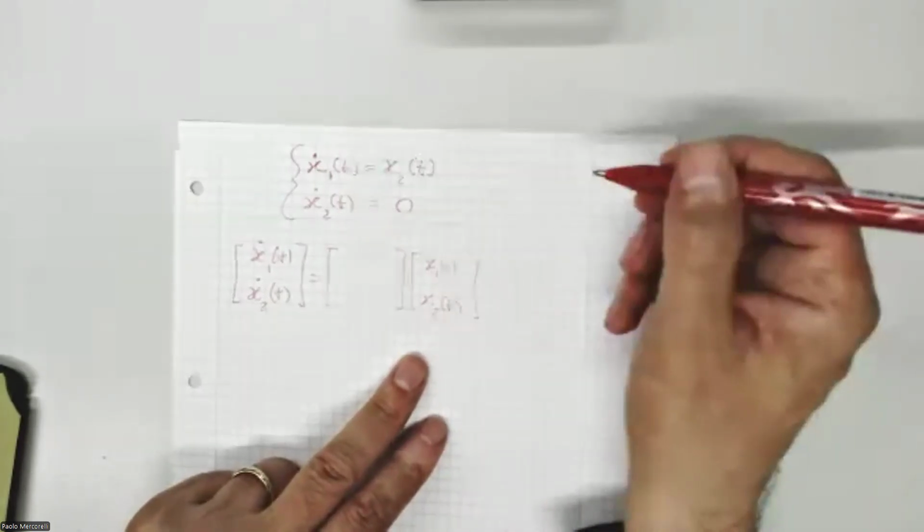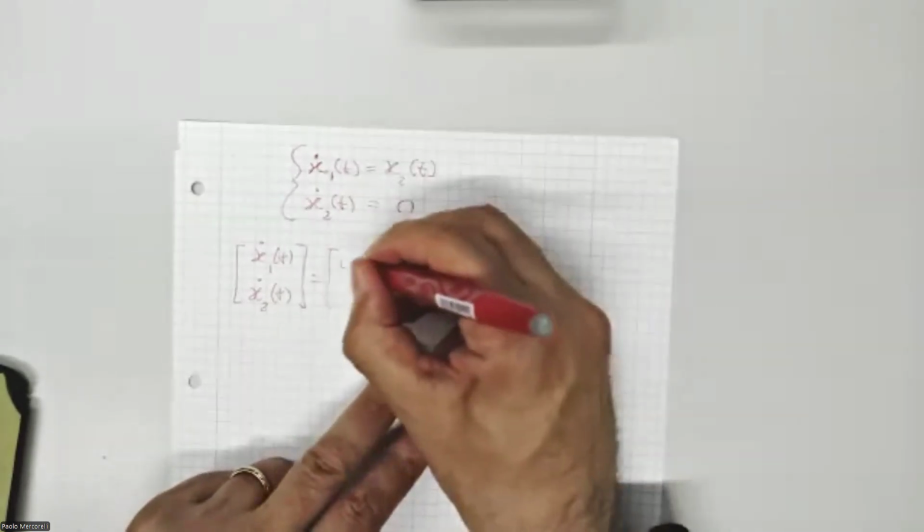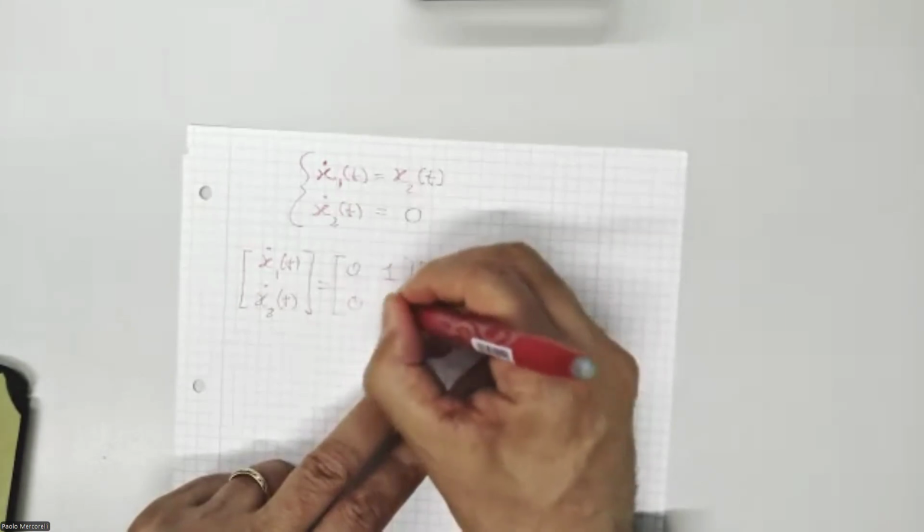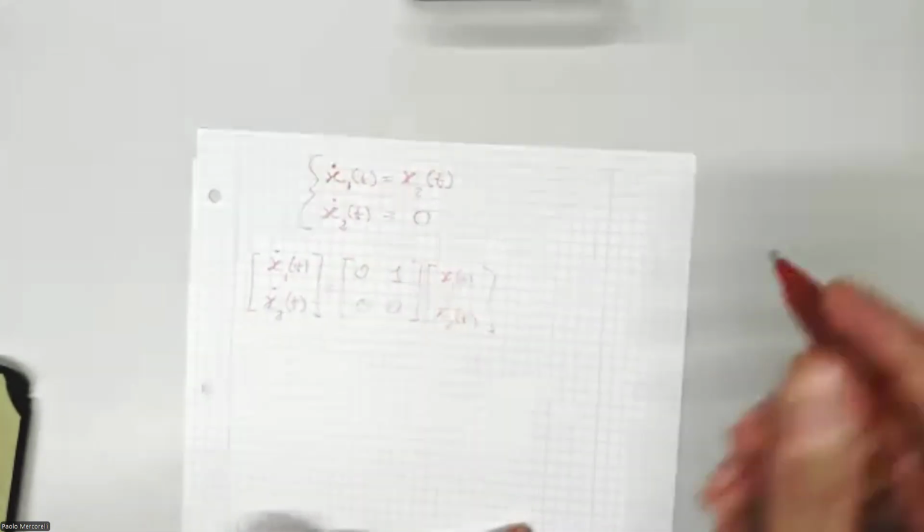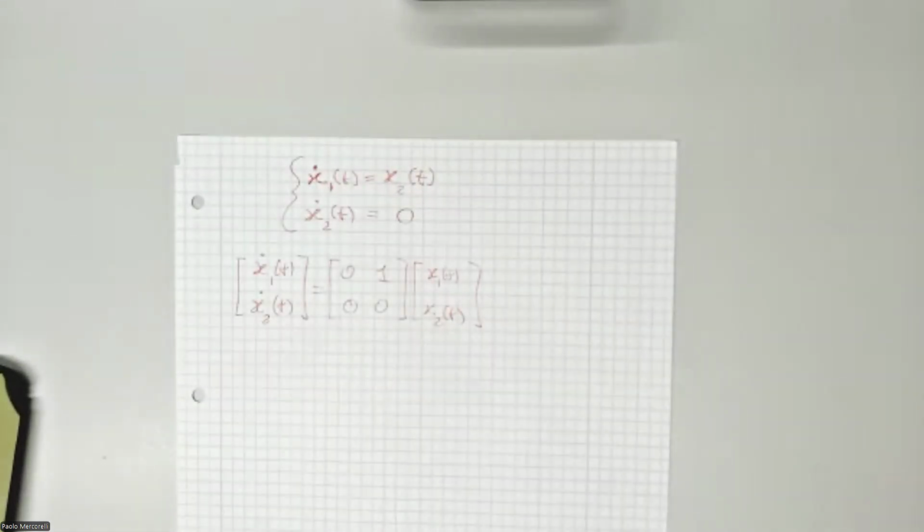This is the system characterized by 0, 1, 0, 0. Did you agree?